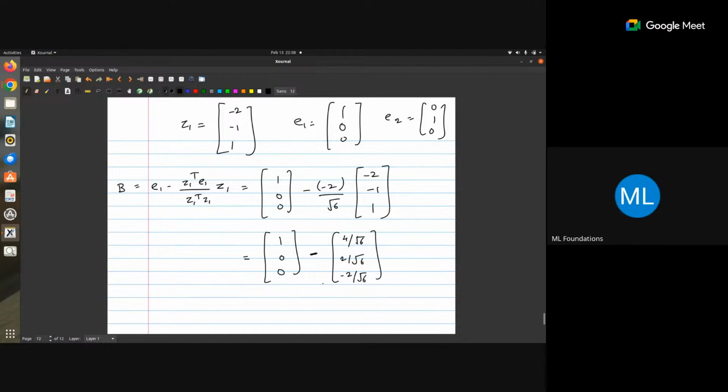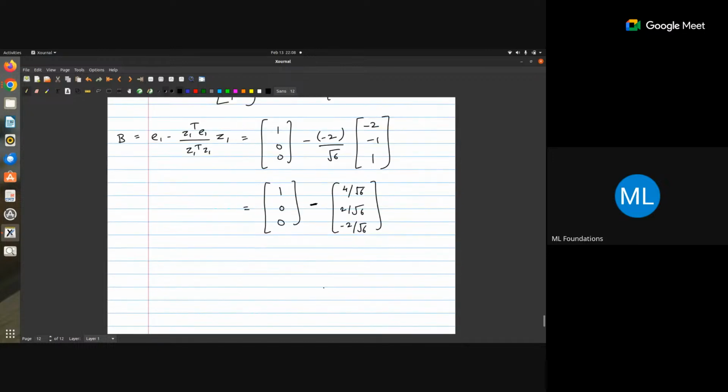What I have done here, the difference from the previous calculations, is that I didn't take the norm of Z1 in the initial stage itself. We do it at a later stage. That is also fine.